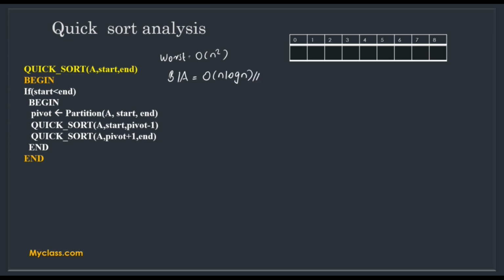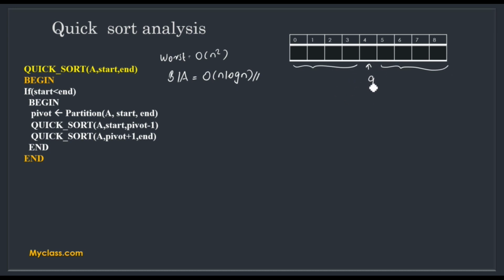Actually, it is very difficult to find a best case for quicksort, but when it happens, what is the best case? If 9 elements are there, we find the correct index for our pivot. If it is in the correct middle part, then we can divide this portion into a correct division.